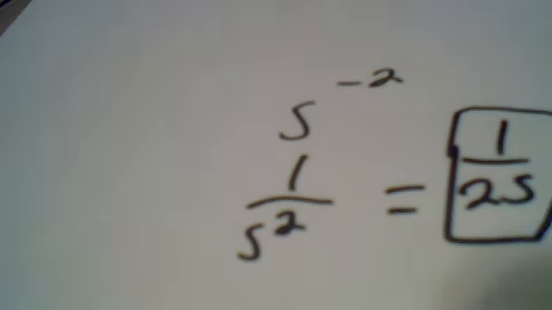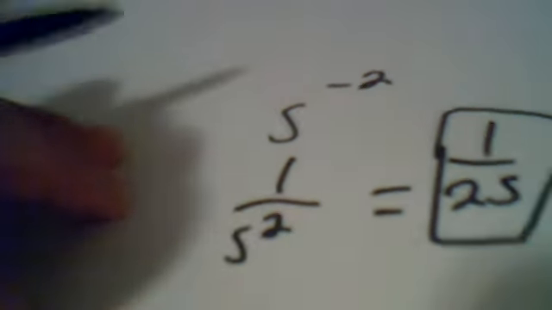So that's going to simplify to 1 over 5 squared, to get rid of the negative, and 1 over 5 squared equals 1 over 25. So basically, 5 to the -2 is another way of writing 1 over 25. Or 1 over 25 is just another way of writing 5 to the -2.